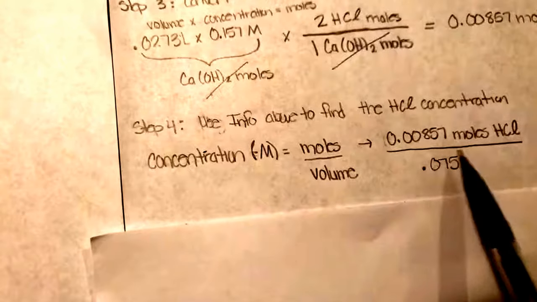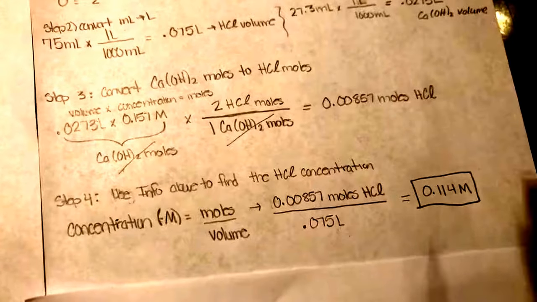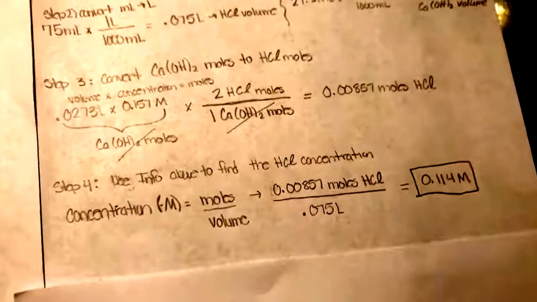So we do 0.00857 moles of HCl divided by 0.075 liters, which gives us the concentration, which is 0.114.